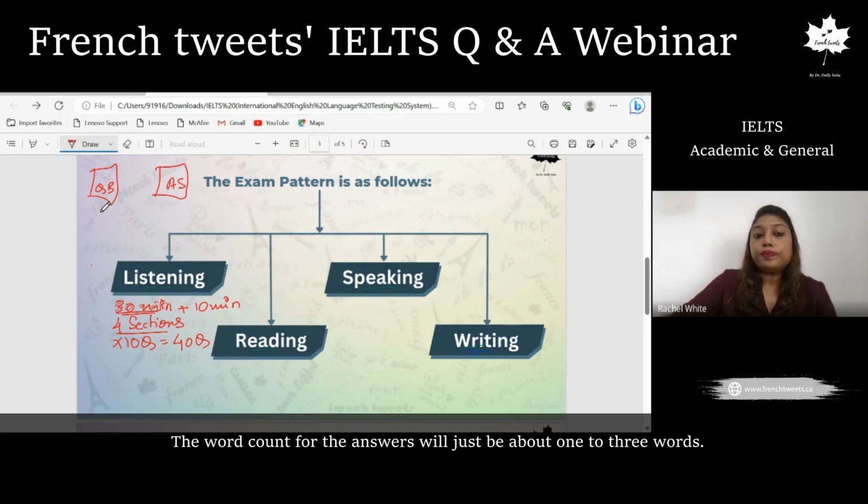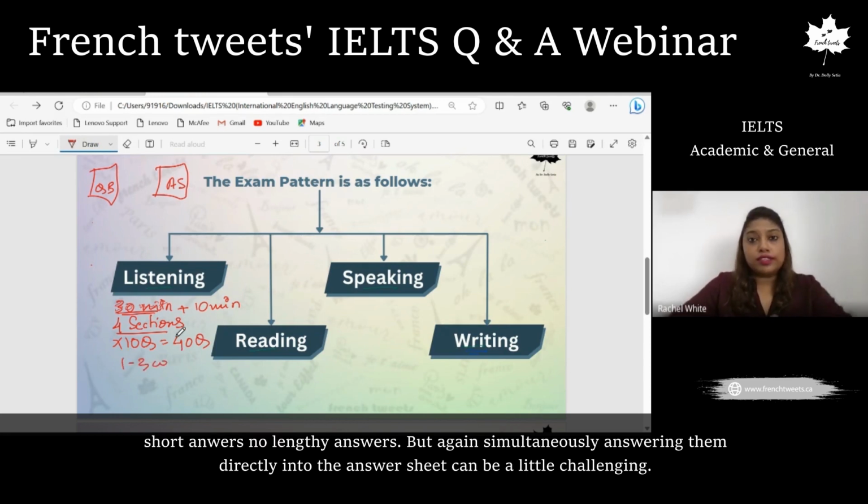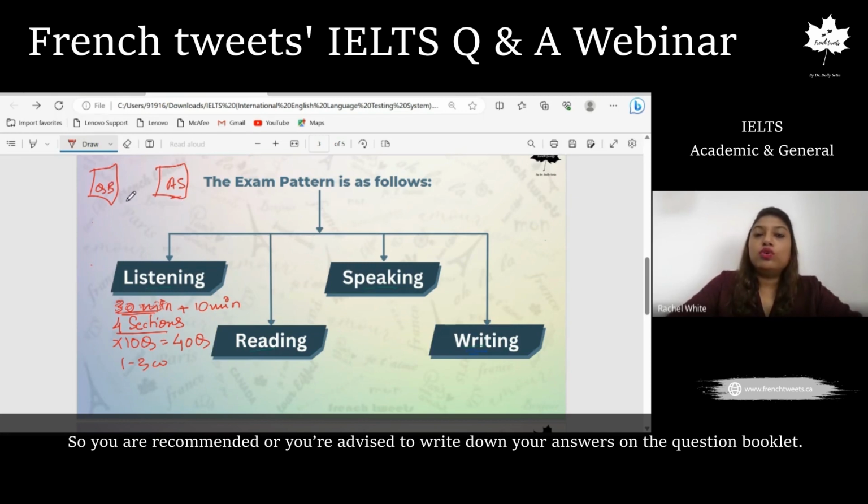Now, the word count for the answers would just be about 1 to 3 words. Short answers, no lengthy answers. But again, furnishing them directly into the answer sheet can be a little challenging. So you are advised to write down your answers on the question booklet.